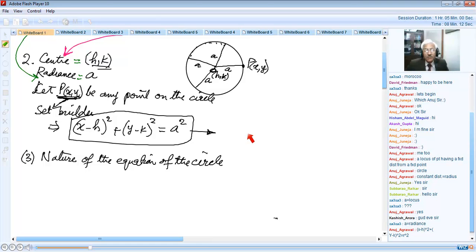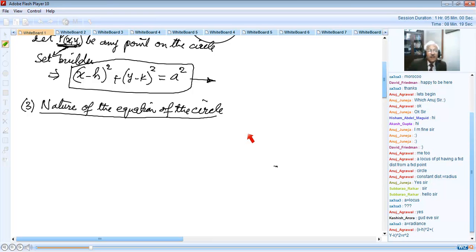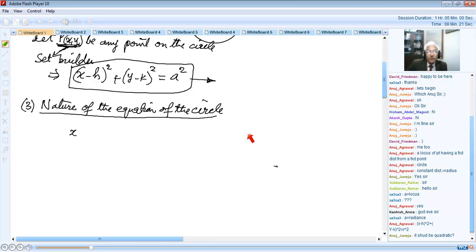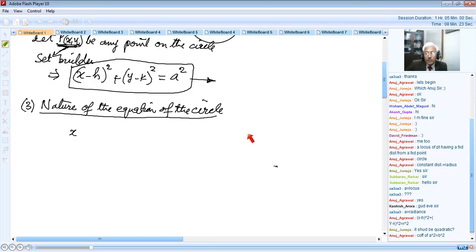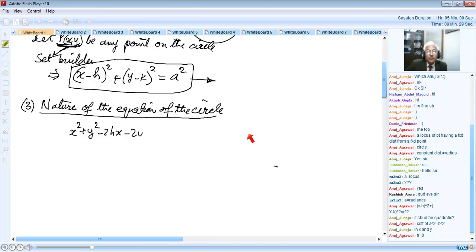If we simplify, it should be x square plus y square minus 2hx minus 2ky plus h square plus k square minus a square equal to 0.